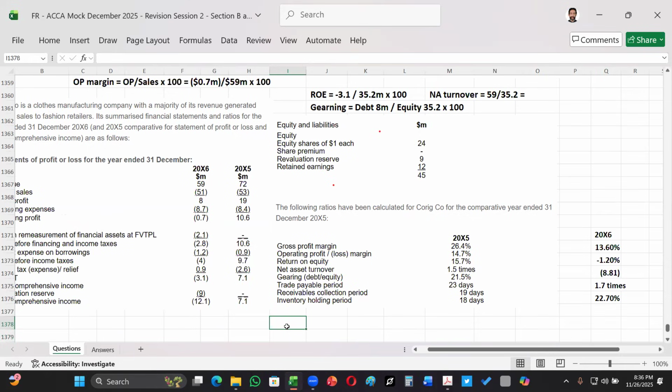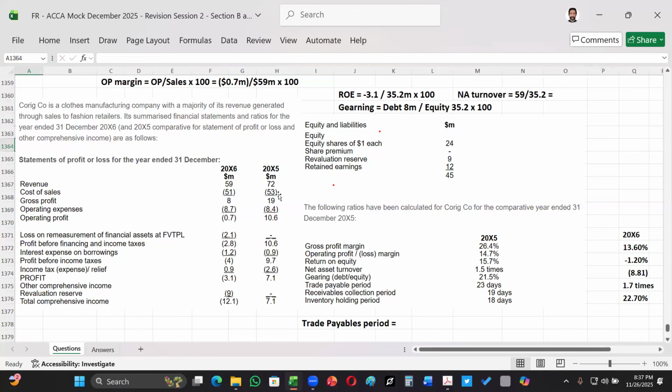So let's see the trade payables. The trade payable period is going to be your payables divided by your purchases or cost of sales, whatever is available. Let's see the payables figure and then divided by cost of sales. The cost of sales is 51 here.